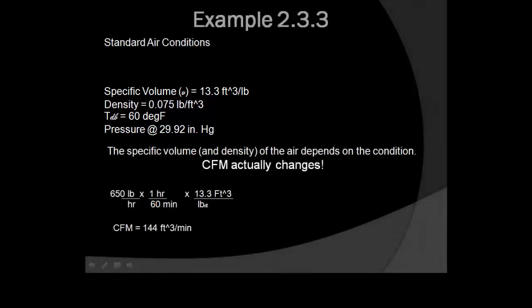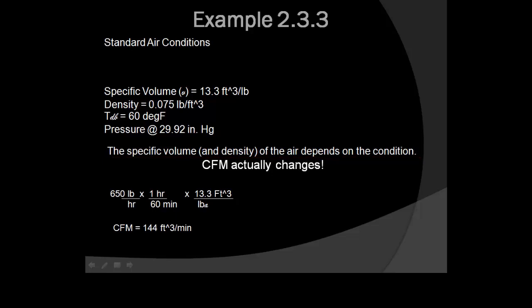It is important to always check what the manufacturer means when they specify standard air, because it actually may be different than these conditions. The specific volume and density of the air depends on the condition it exists, and so the CFM can actually change.